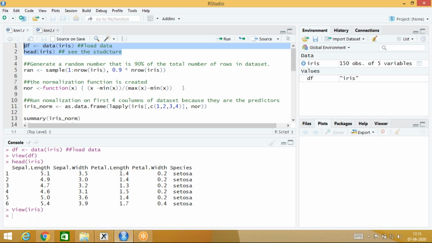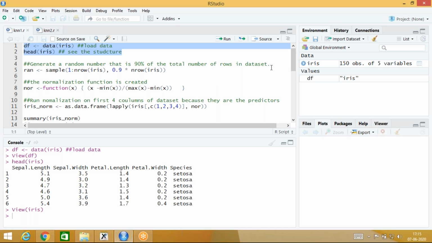You do random sampling. You randomly decide which ones you take as your training data and which ones as your testing data. So how do you randomly decide that? Let's say here, how many data points are there in this data set? 150 data points.